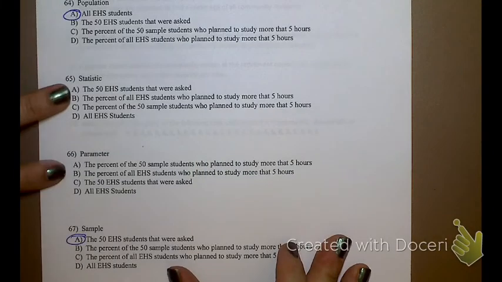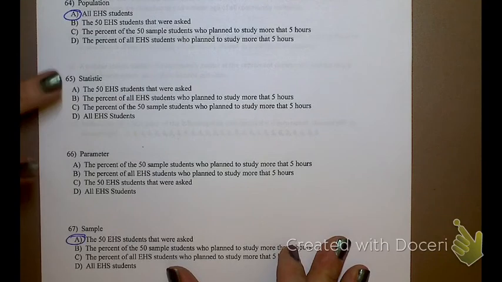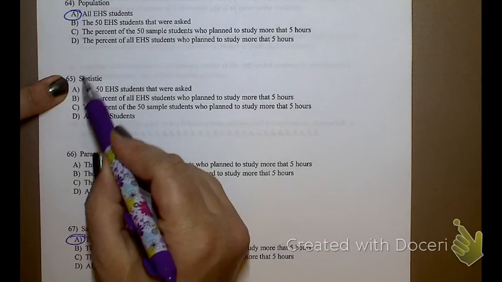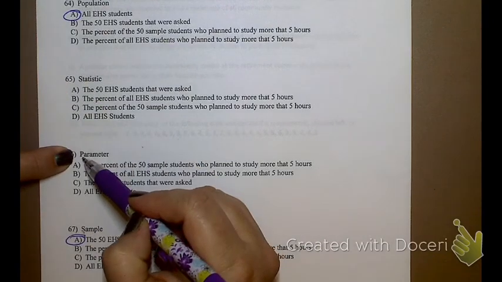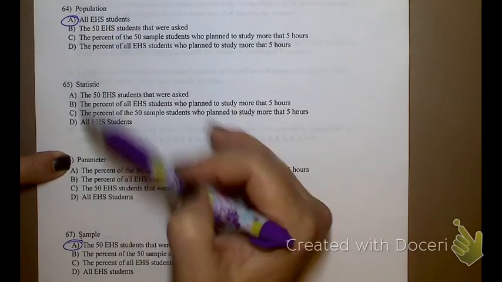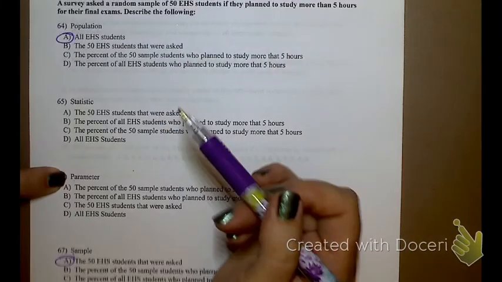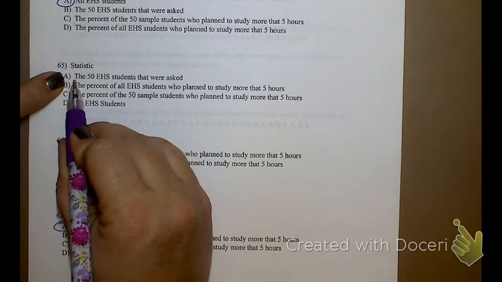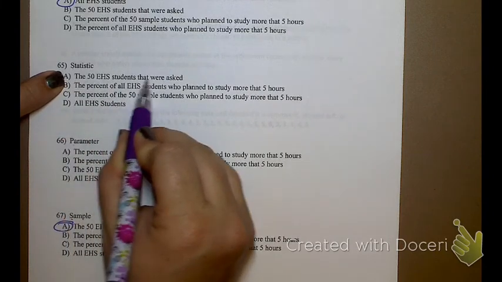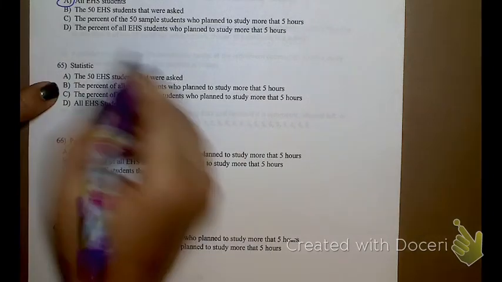Now, how do we separate statistic and parameter? Well, the statistic is whatever piece of data was about the sample. S goes with S. The parameter is whatever piece of data was about the population. P goes with P. So if I look at these, looking at statistic, we'll do that one. Is the statistic the 50 EHS students that were asked? No, that's the sample.